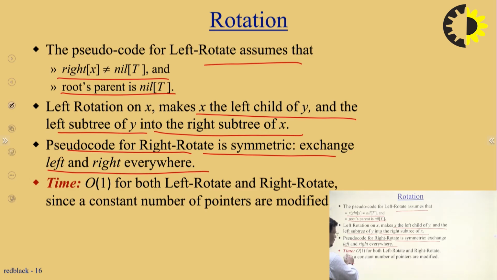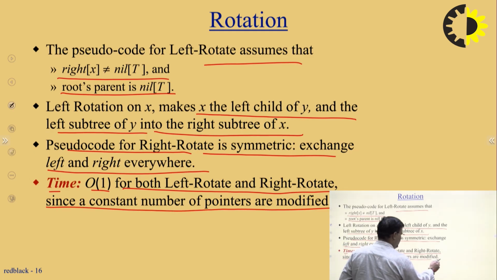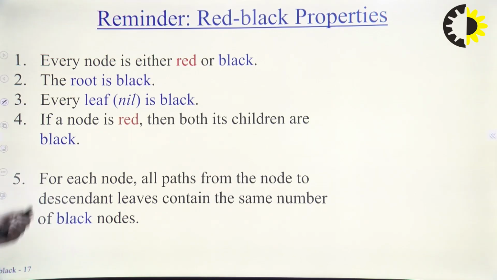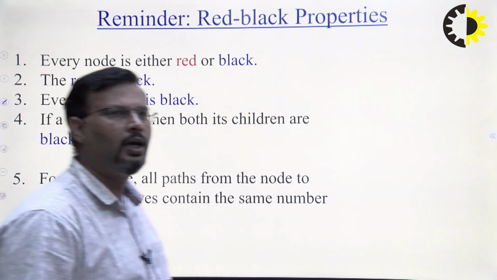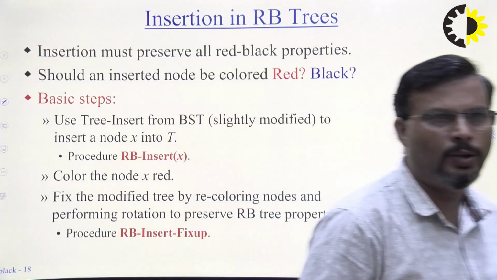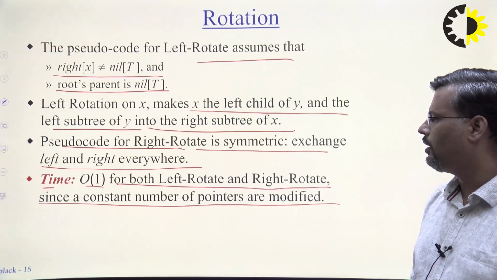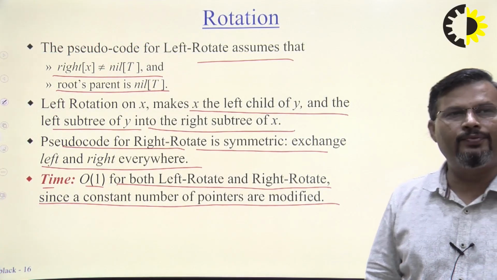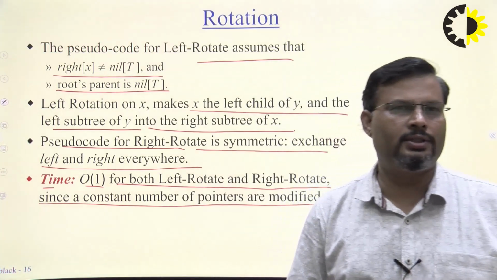The time is big O(1) for both left rotate and right rotate, since a constant number of pointers are modified. Here we will recall the red black tree properties again, because after this we will consider insertion of the arbitrary. The next part we will discuss in part 2.